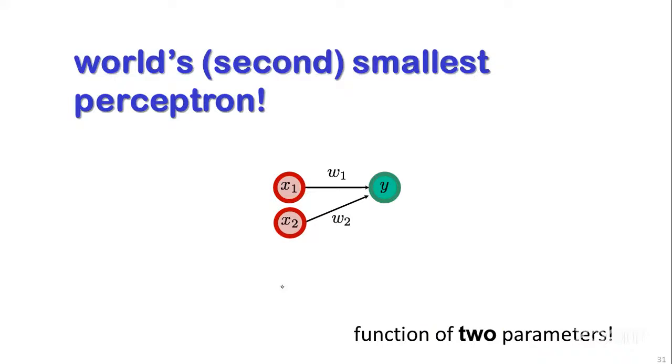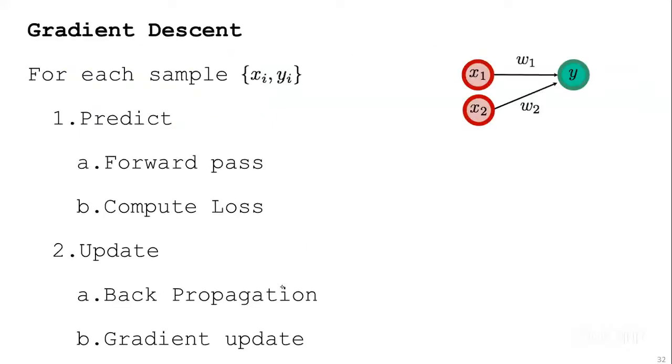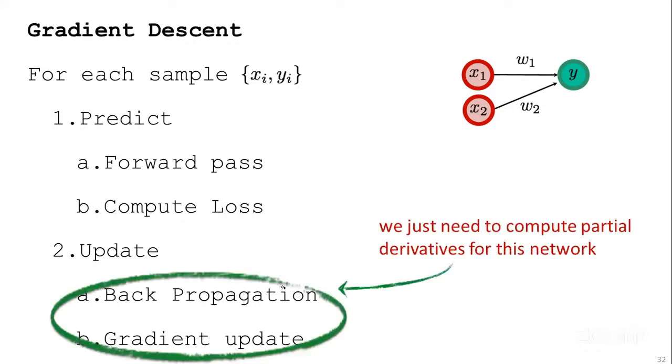Now, if we take this second example, let us take two inputs, right? This is the second smallest perceptron where two inputs are there. So your loss function will be a function of two parameters, W1 and W2. Again, this is the same algorithm which I showed you in the previous slide, but now we are going to consider it for two variables.